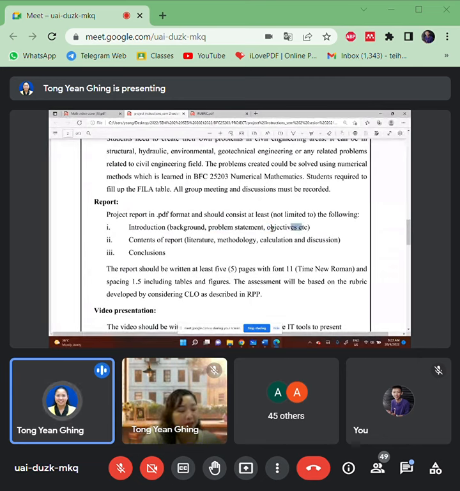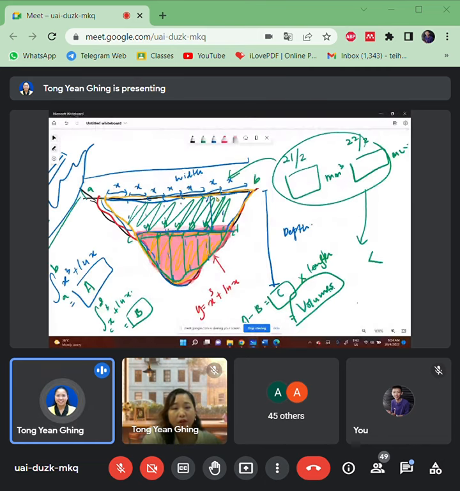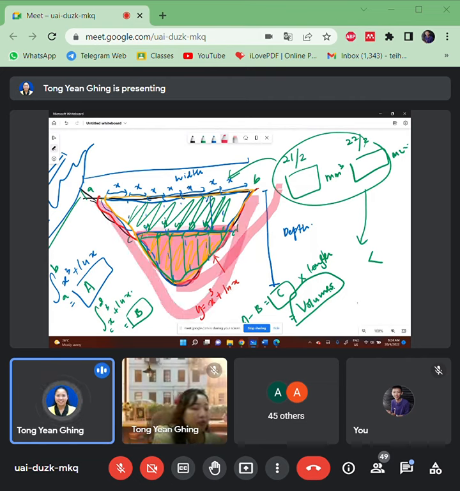In the future, for example, if this river cannot cater for that rainfall intensity, we probably have to enlarge the river, make it bigger, or make it deeper, so that it can accommodate more of the rainwater coming in. That is an example.